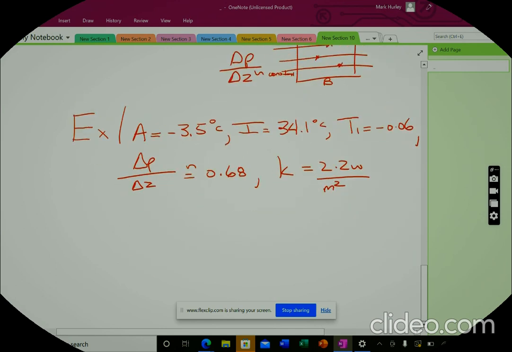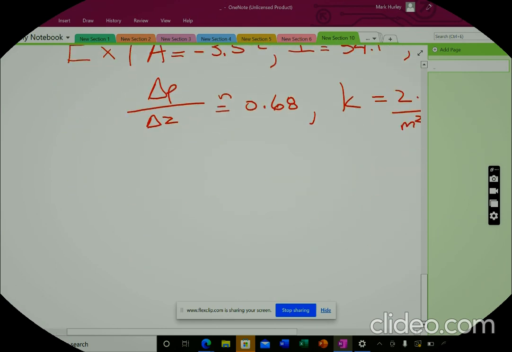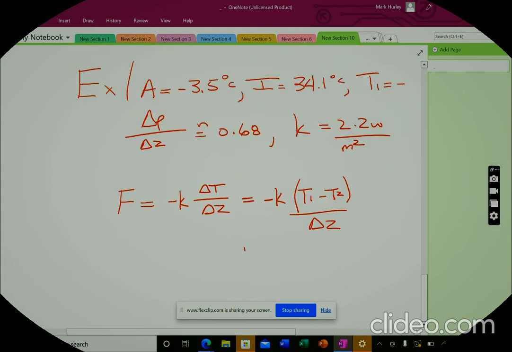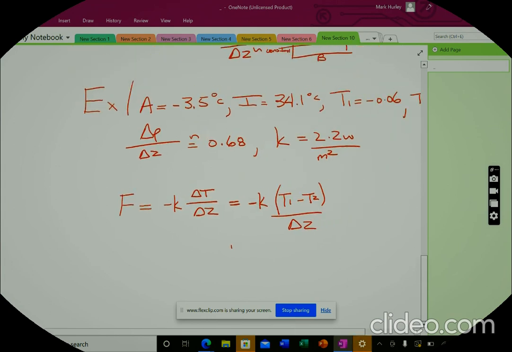So starting with the heat flux, we're going to start with F. F is going to be equal to negative K delta T over delta Z, or negative K times T1 minus T2 all over delta Z. And delta Z is a 6 inch difference.